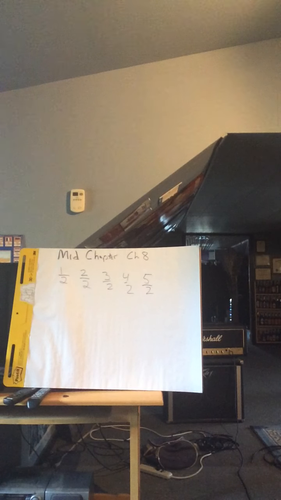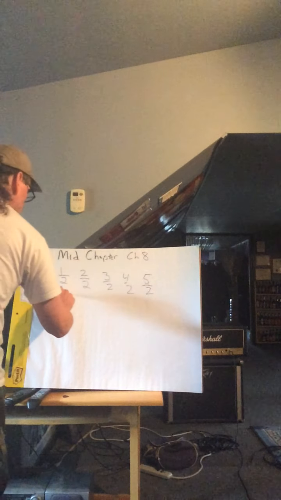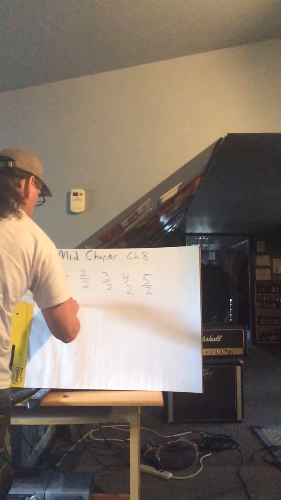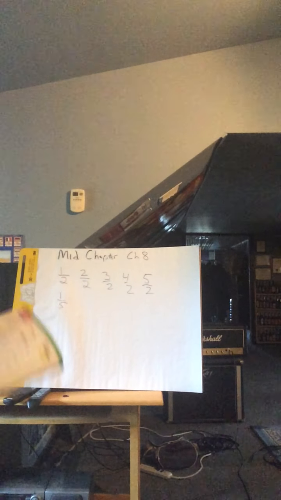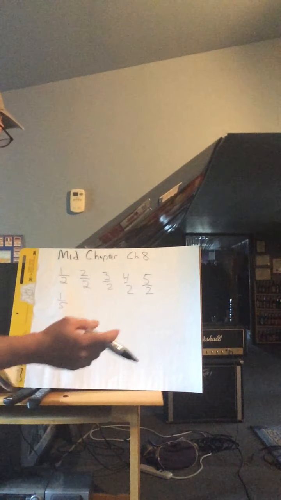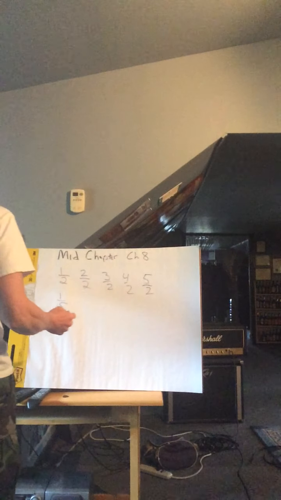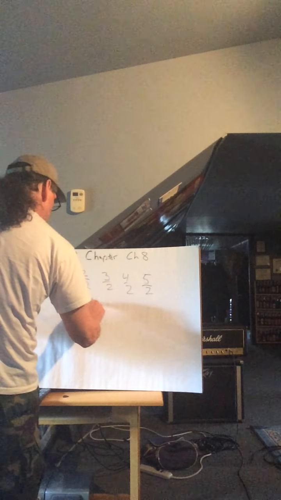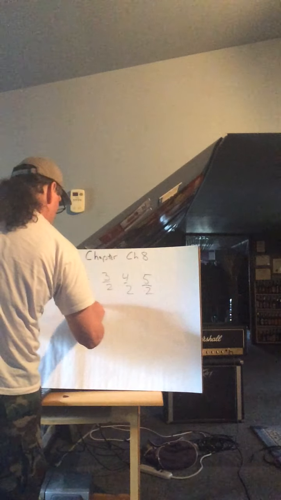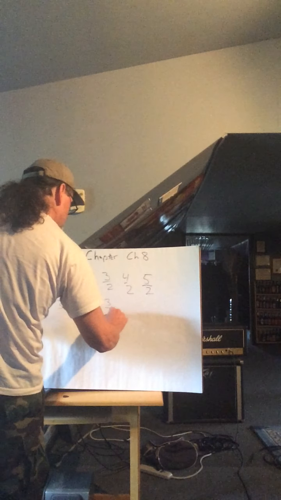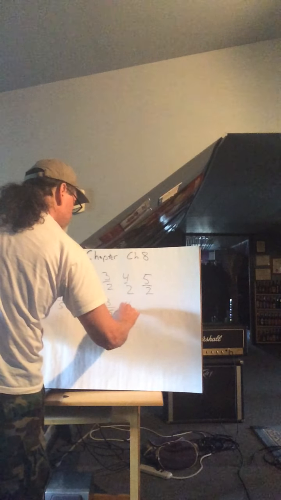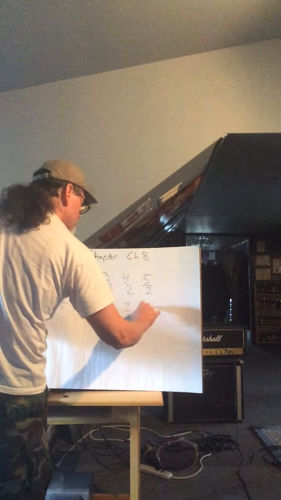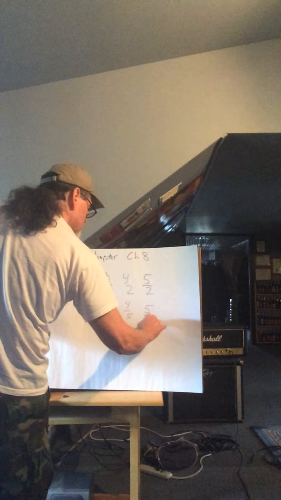Number 4 is 1/5. With 1/5, like I said, we keep the denominator the same and keep adding 1 to the numerator. So we would go to 2/5, 3/5, 4/5, and eventually 5/5.